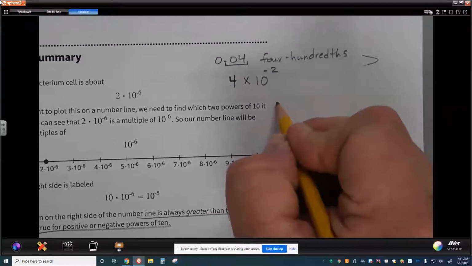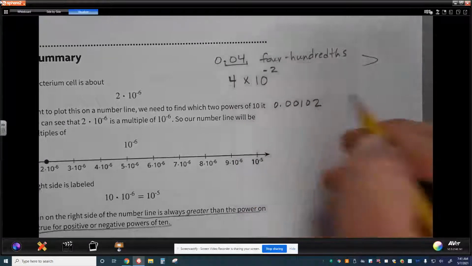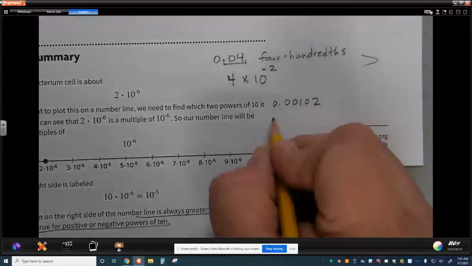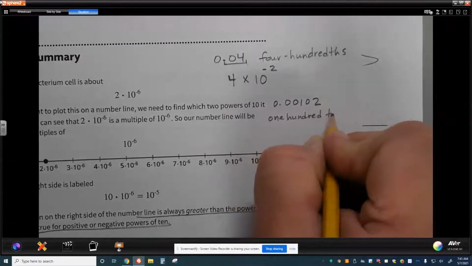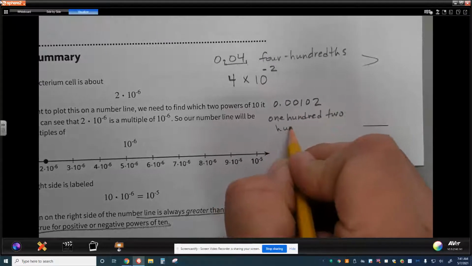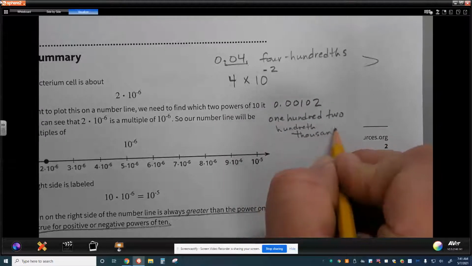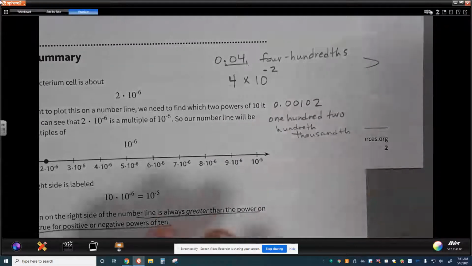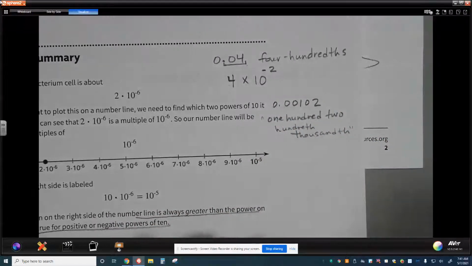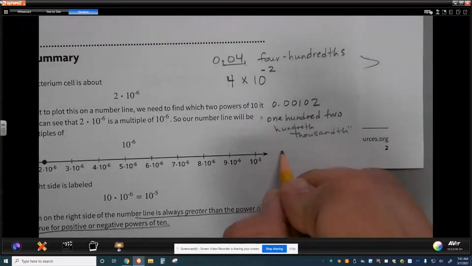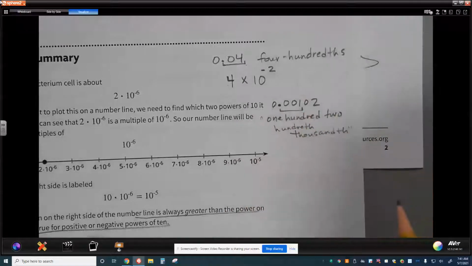If I had a number such as 0.00102, this number is 102 thousandths. That's how we say that number. When we write that number in scientific notation, we go to the first non-zero digit.